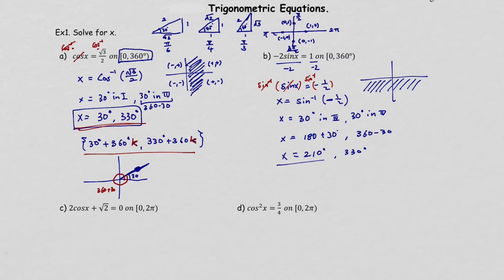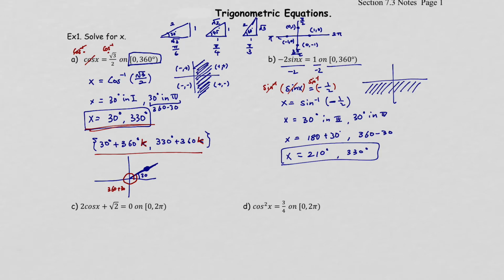So that's how you can find your solutions if you have a limit, had to be between 0 to 360. But again, if that limit wasn't given, you also need to say 210 degrees plus 360k, or 330 degrees plus 360k.